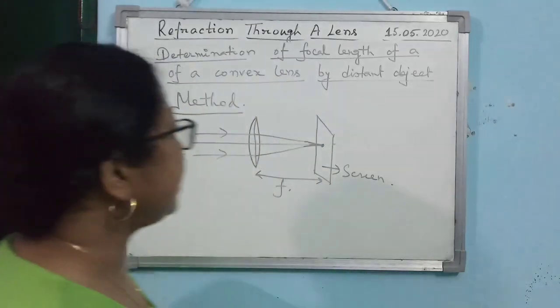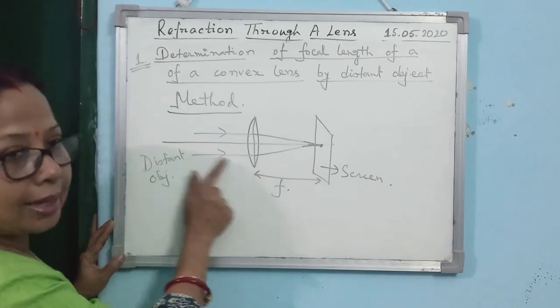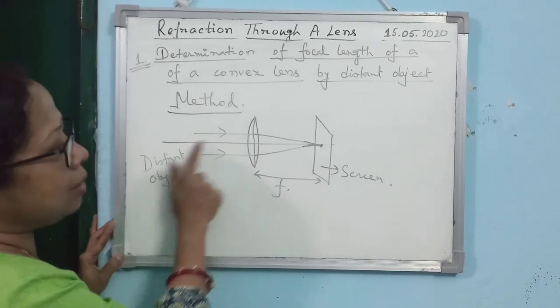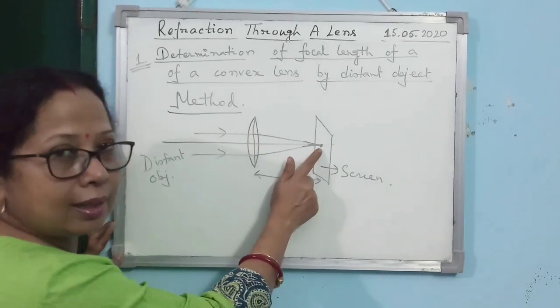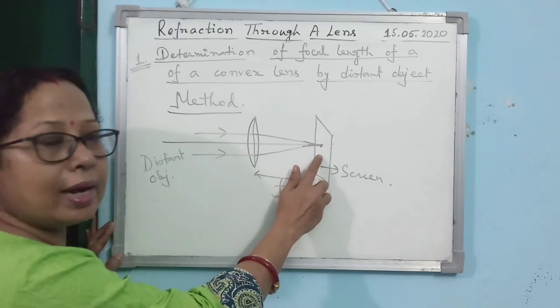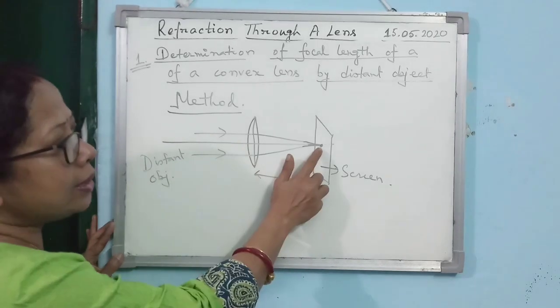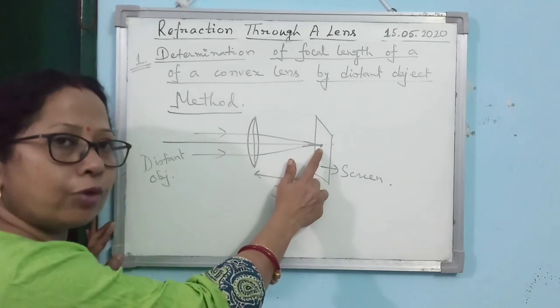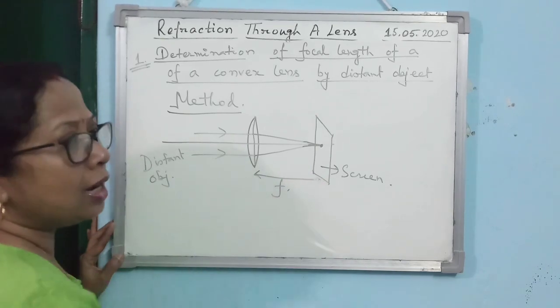If I draw the relevant diagram, what is happening? From the tree, as it is a distant object, a parallel beam of rays comes and falls on the lens, then they converge on the screen and produce an image here. According to our concept of focus, what does this point represent? Focus. So the distance between the screen and the lens will be the focal length.